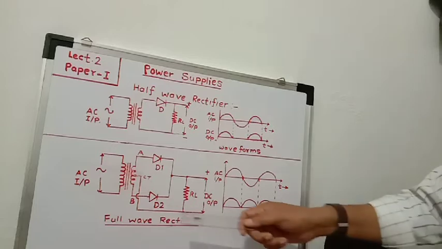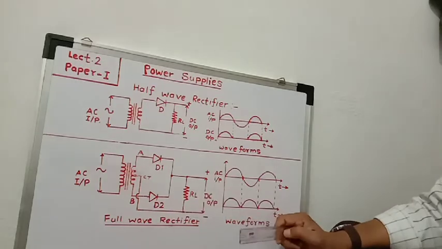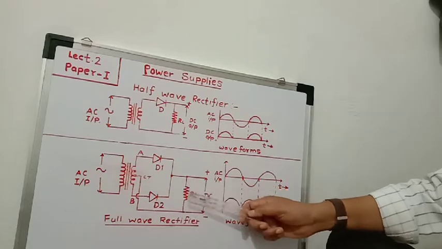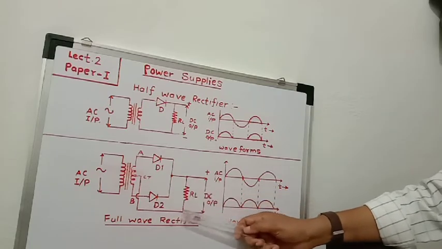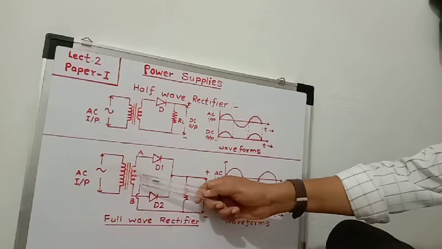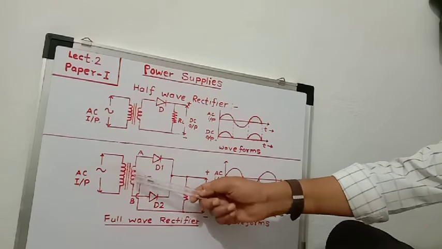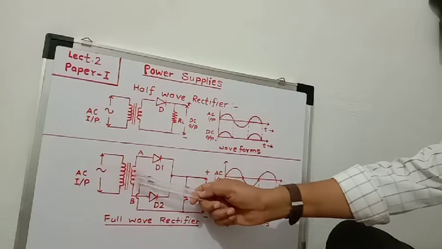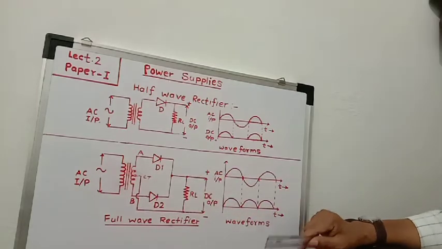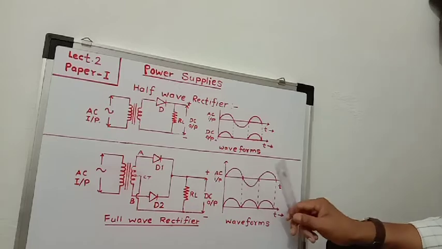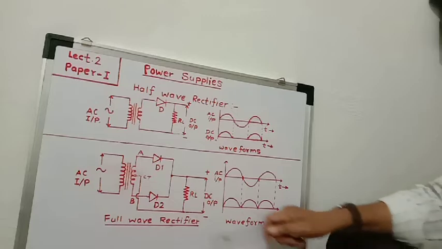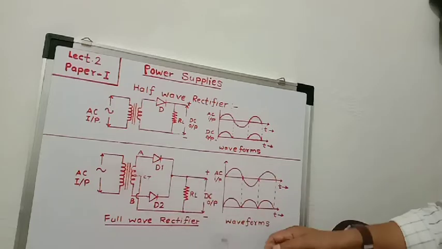Since diode D2 is forward bias, current flows through diode D2, then through load resistance RL, and through the center tap and lower half winding towards point B. Thus, during the positive half cycle and again during the negative half cycle, current flows through load resistance RL in only one direction.